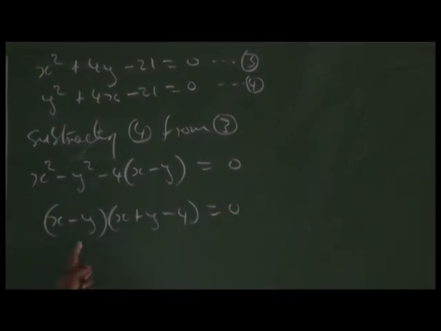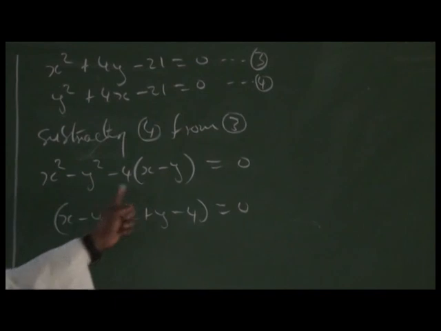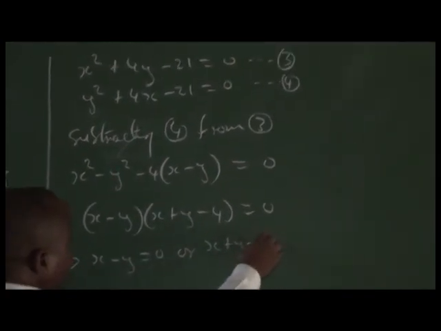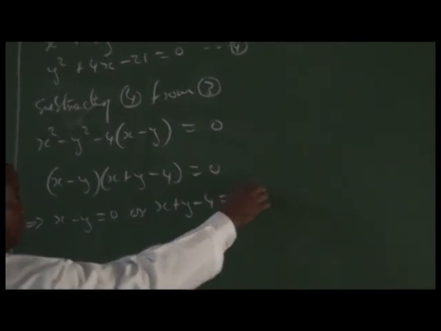If you multiply these two, you get back everything here. So that implies that x minus y equals 0, or x plus y minus 4 equals 0. We'll take note of this because we'll be using it.